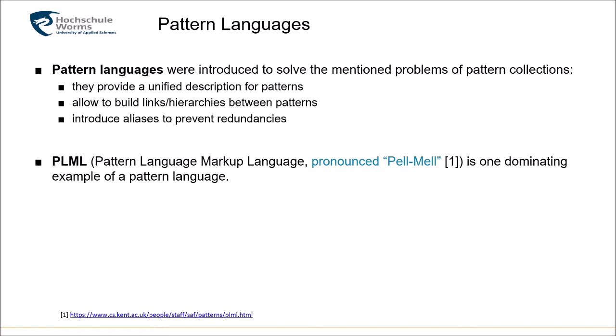There is at least the PLML, which stands for Pattern Language Markup Language, and this is one dominating example of a pattern language. And we will use PLML to describe the patterns that we use for information hiding in a network.